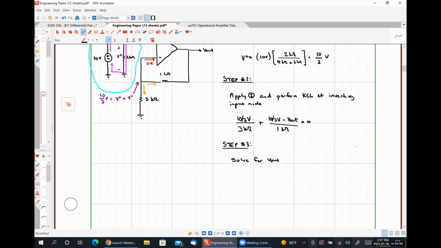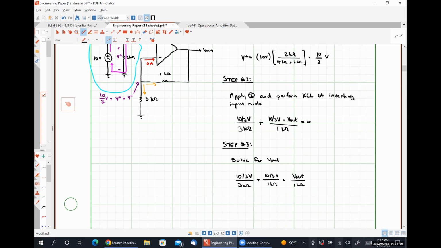So, going to do this algebraically here. 10/3 of a volt over 3 kilo ohms plus 10/3 of a volt over 1 kilo ohm is equal to V out over 1 kilo ohm. I've got that by simply breaking that fraction up into 2 parts and moving the V out term to the right-hand side of the equal sign.